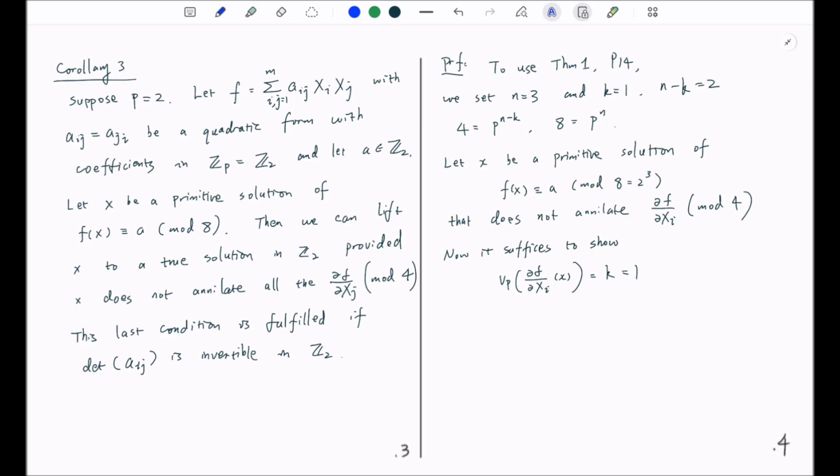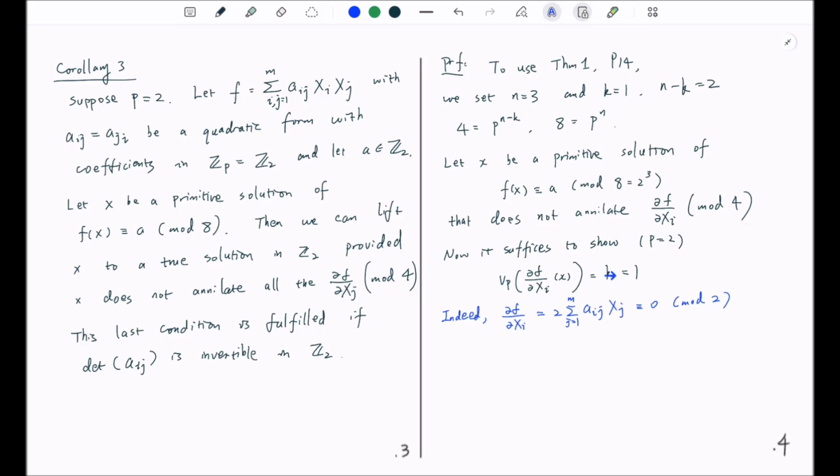To show this, we first observe that trivially this is always congruent to 0 mod 2. And this implies that this partial derivative has p-adic valuation, when p is equal to 2, at least 1, because it can always factor out at least a 2.